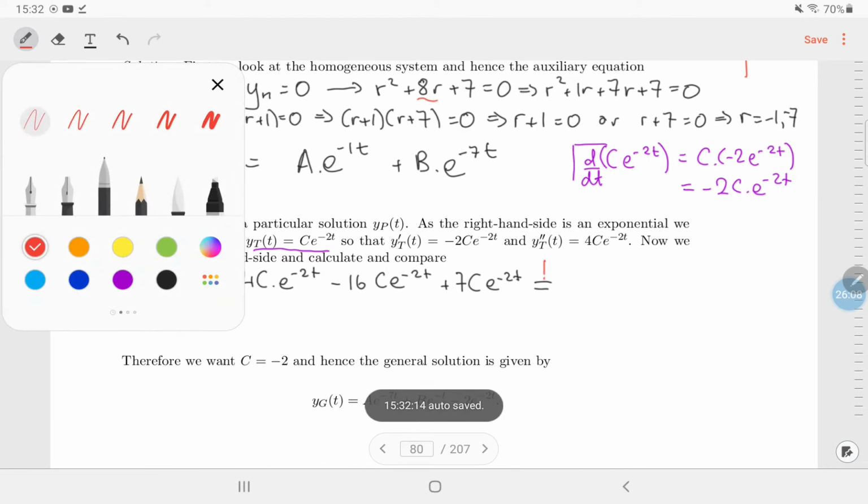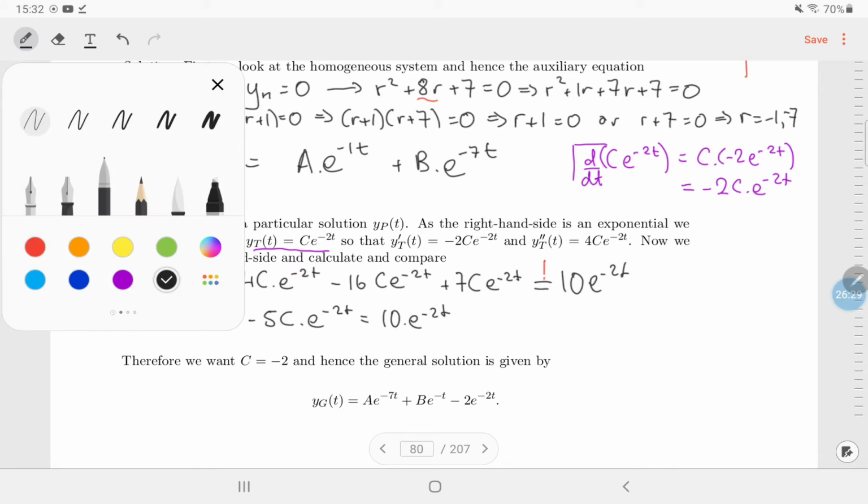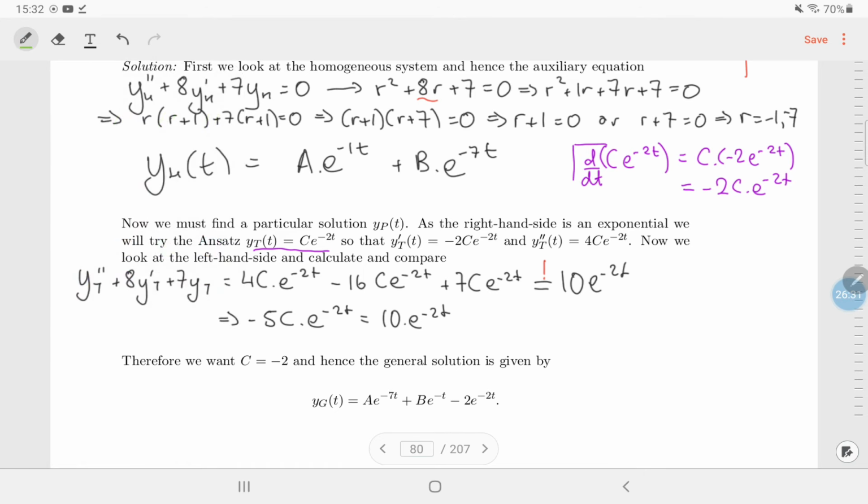So we get, I see 4 plus 7 is 11. Minus 16 is minus 5c e to the minus 2t is equal to 10 e to the minus 2t. For these to be equal, the minus 5c would have to equal 10.